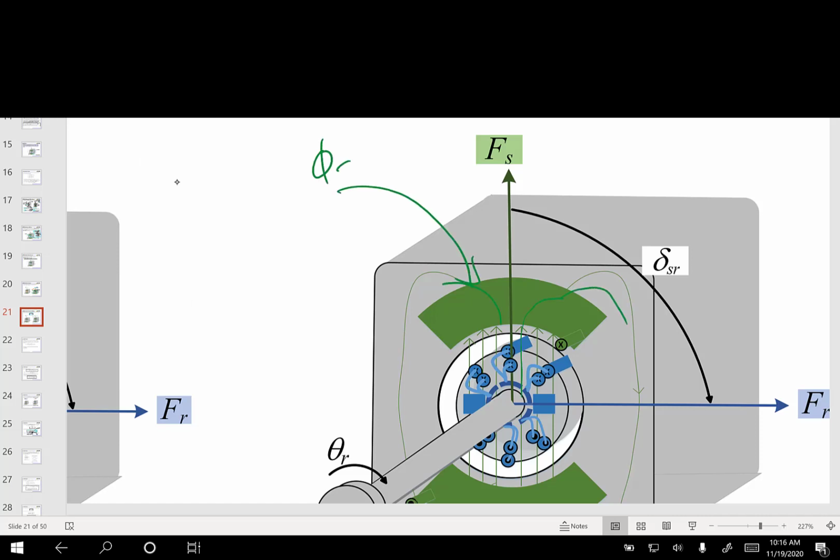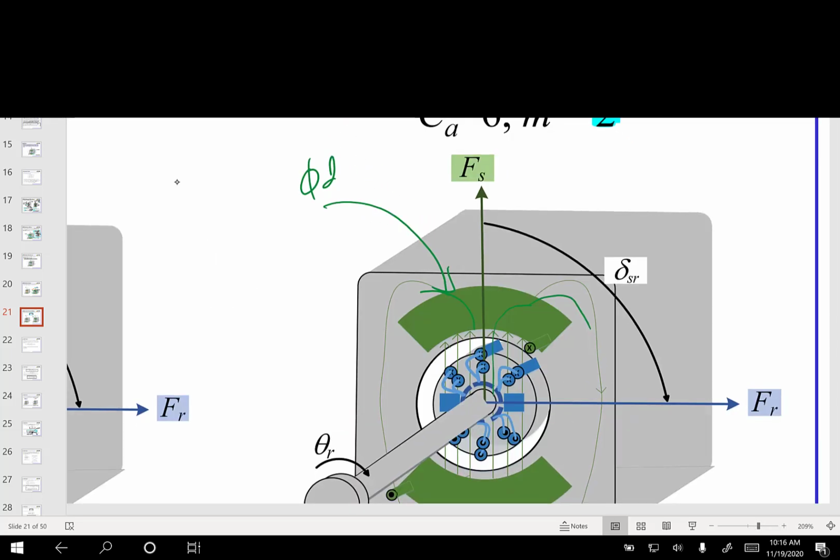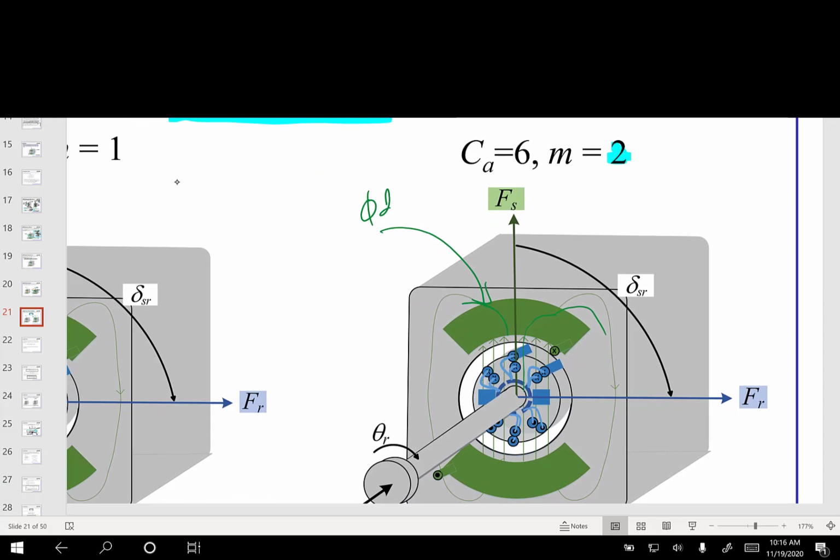That's phi sub D. And in a DC machine, this idea gets carried through into motor drives and all kinds of electronic controlled machines, because if you really want to control a rotating machine, you want to make it look like a DC machine, where you have two distinct axes.